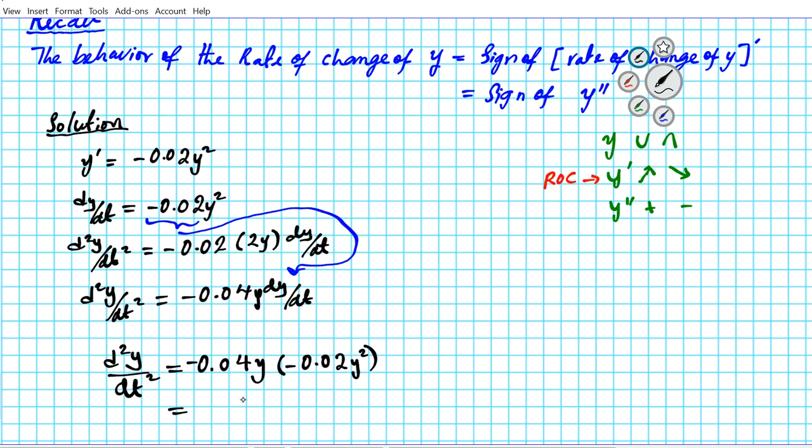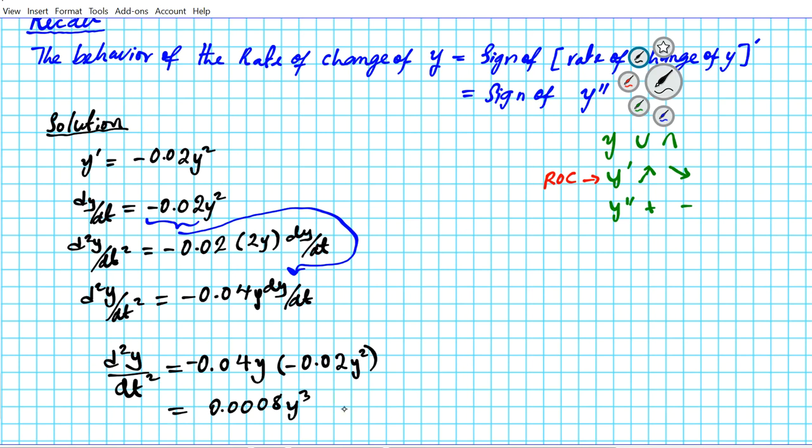Multiply that together. 2 times 4 is 8, and it's positive, and we have 1, 2, 3, 4 places behind the decimal point, so 0.0008 y to the third. So this is the derivative of the rate of change.